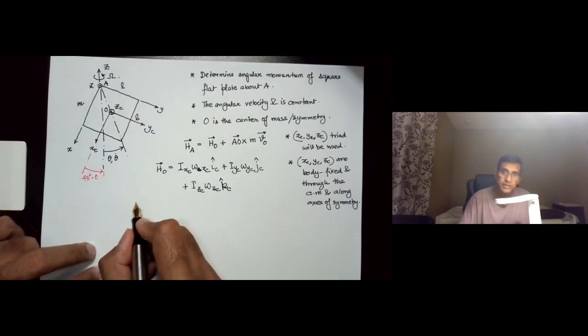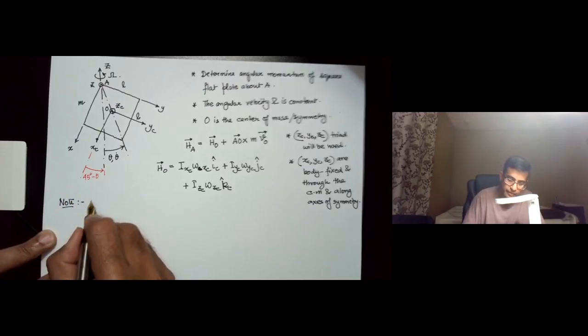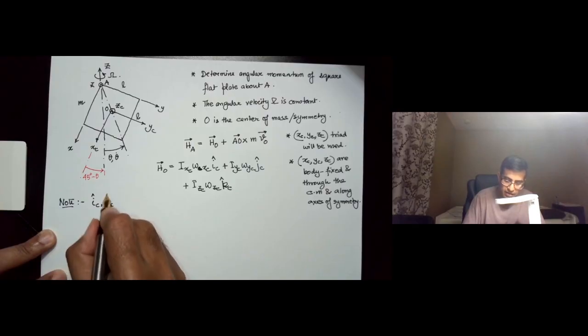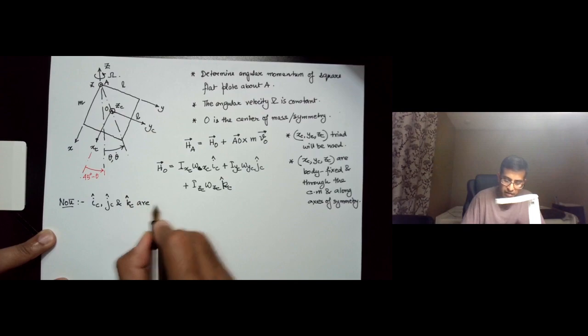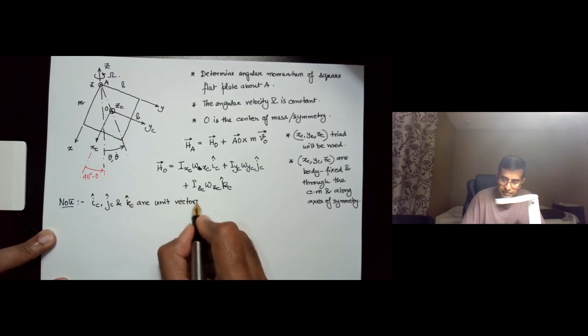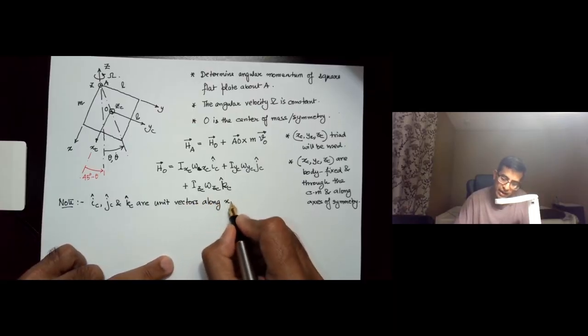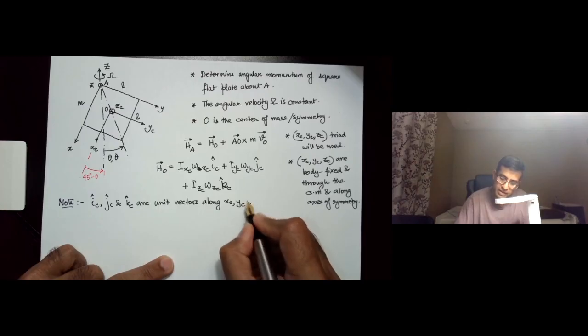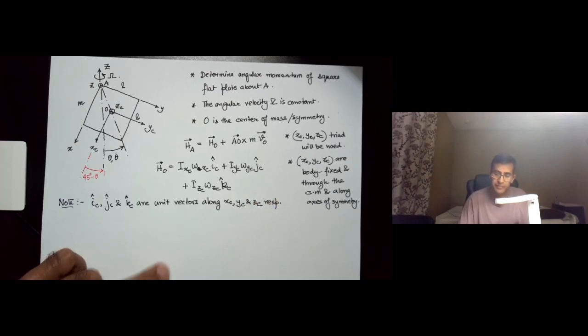So here we note that ic, jc and kc are unit vectors along xc, yc and zc respectively.